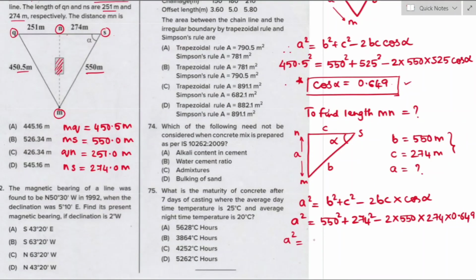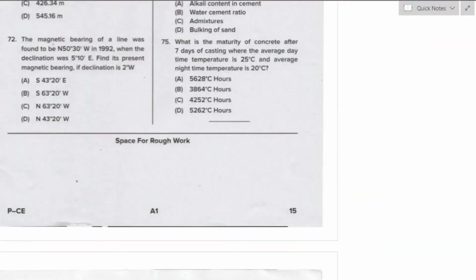Therefore, A square is equal to 181967.40. Therefore, A is equal to 426.57 meter. So it is the distance of line MN. So the right answer is option C, 426.34 meter.